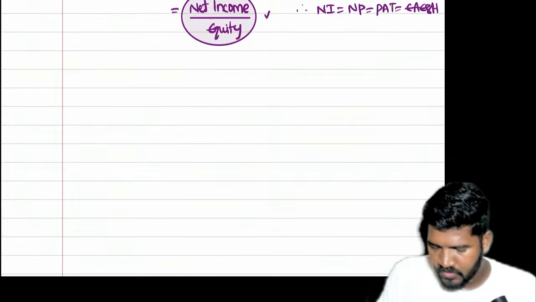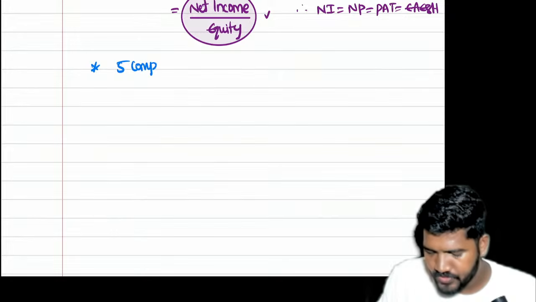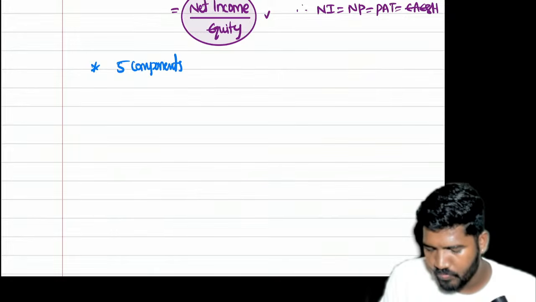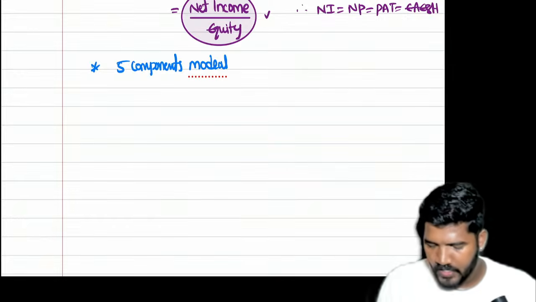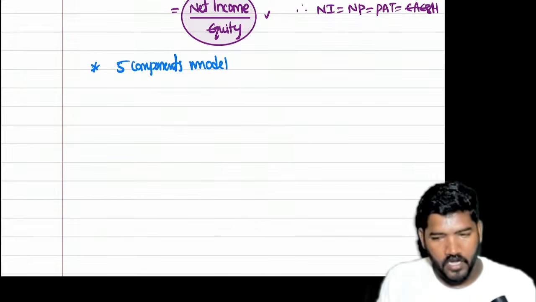Apart from this, in the new syllabus, they use a five component model. What we discussed is called the three component model. Now we need to discuss the five component model.